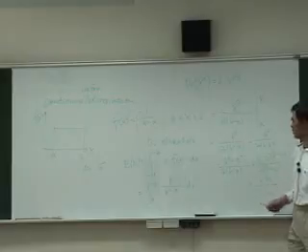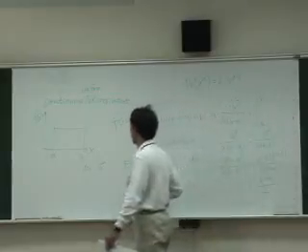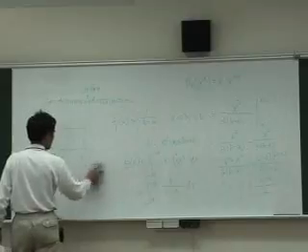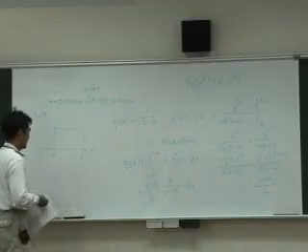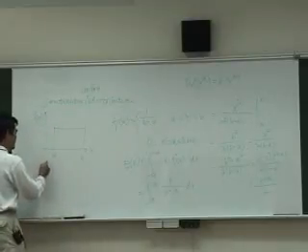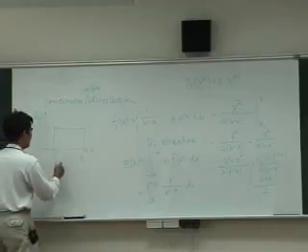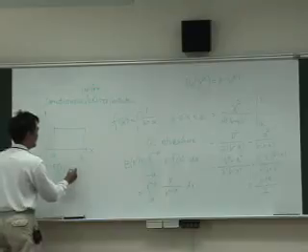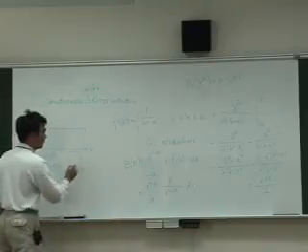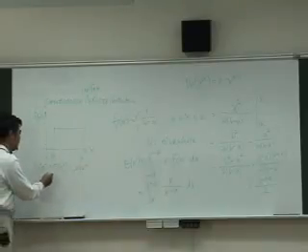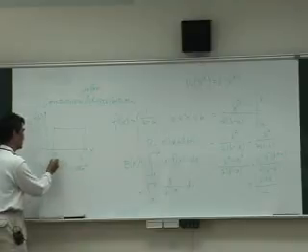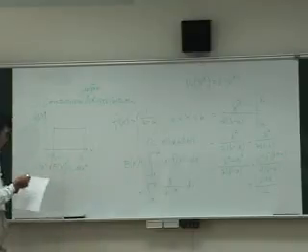Any questions? Okay, let us try to get the variance. So what is variance? Variance is equal to the expectation of x squared minus mu x squared, right? So then we have to get this part first. So let us try to get this part.